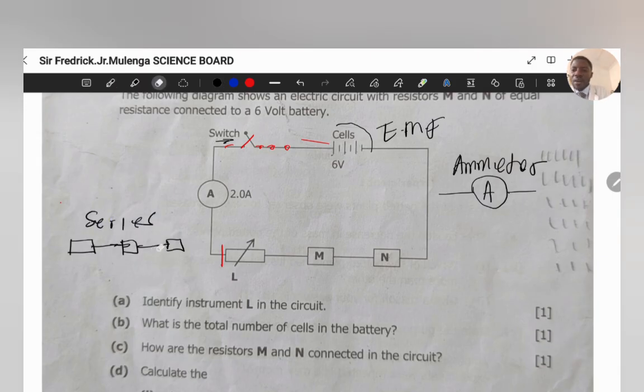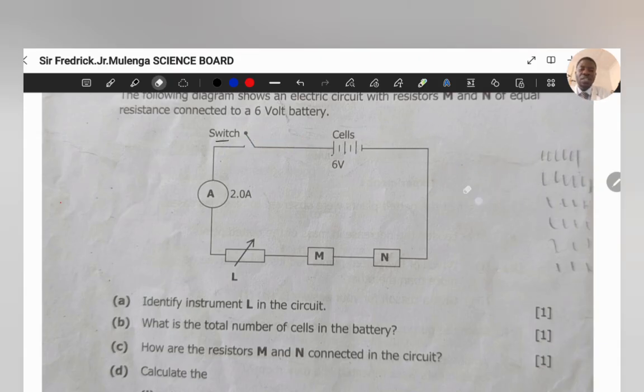Now when components or appliances are arranged in series, what are some of the principles that should help you calculate voltage, resistance, and current? We know that the relationship between voltage, resistance, and current is called Ohm's law.